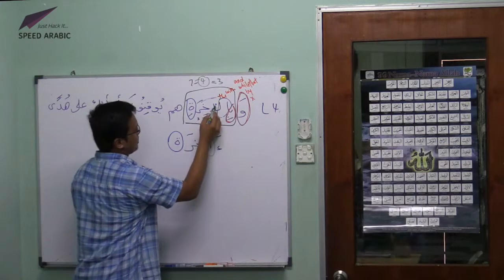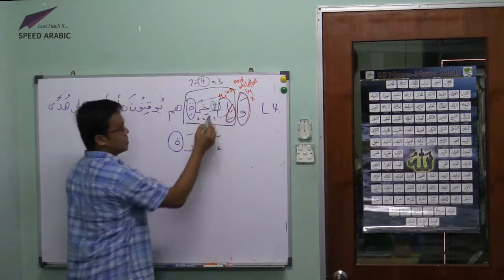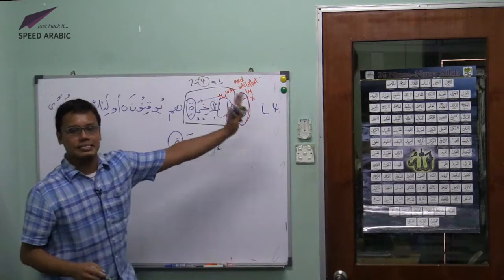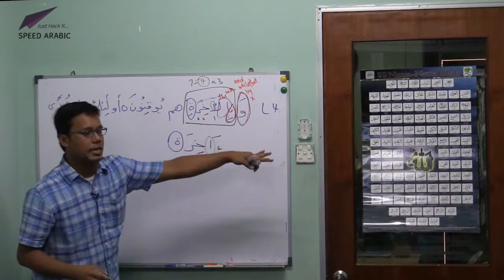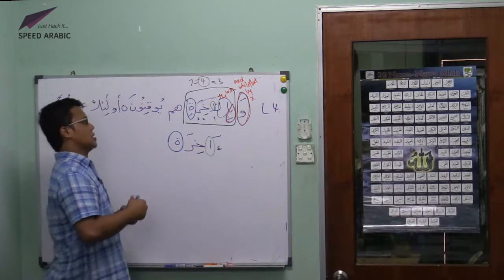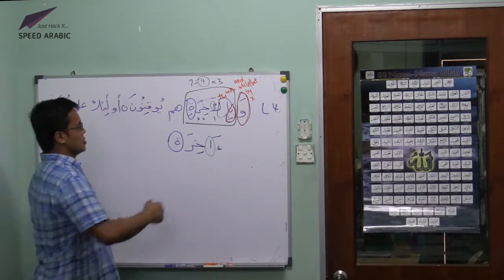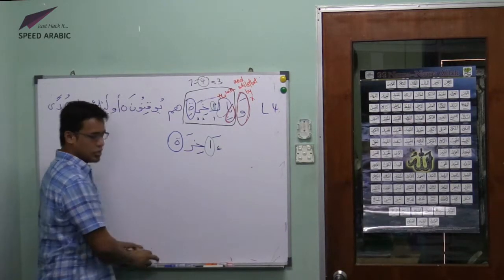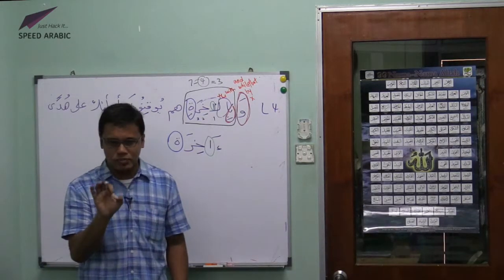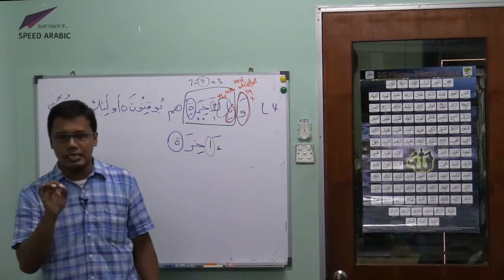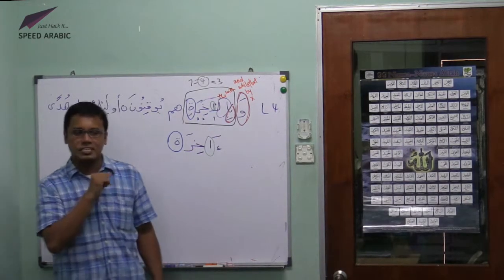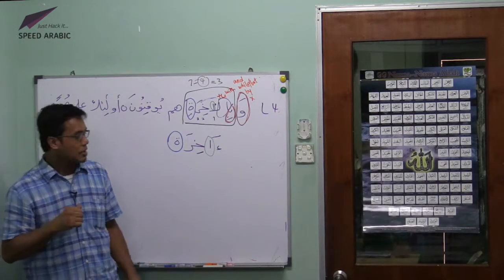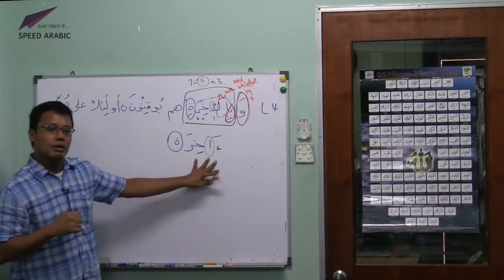So this is an infix. If you see, the hamza is not on the alif, the hamza is at the side. So there's a hamza and there's an alif. So this alif is an infix. If you see the condensed version of the table, can you see the infix alif? Is it the first one or the second one?